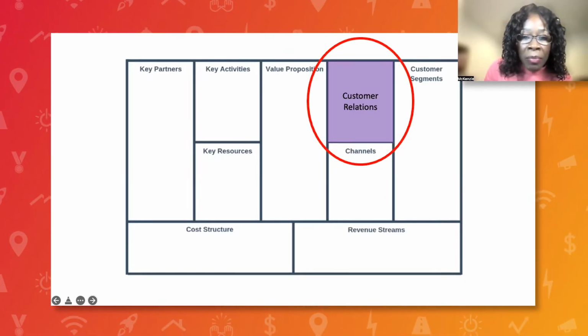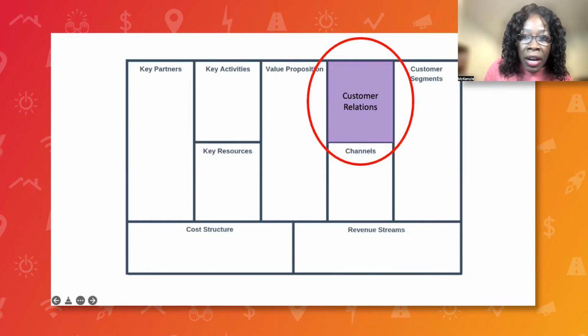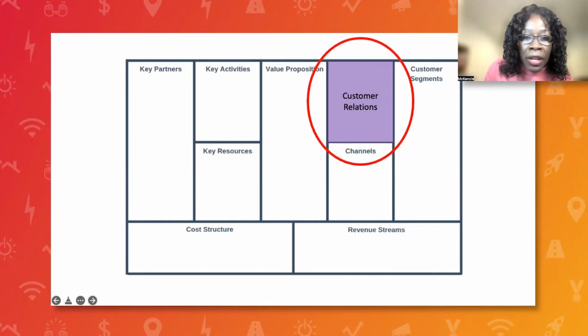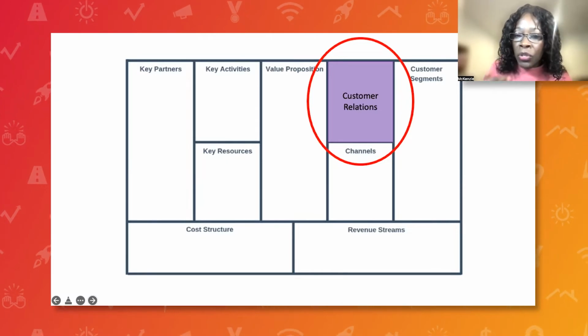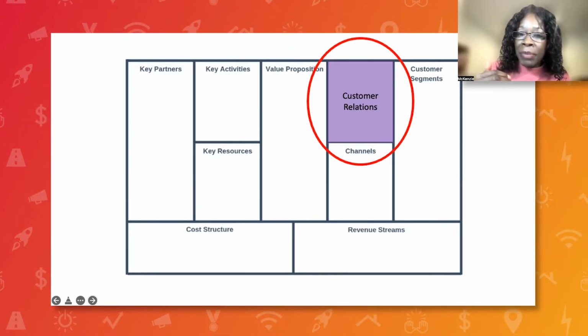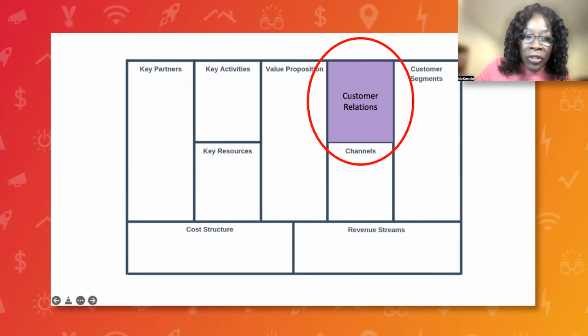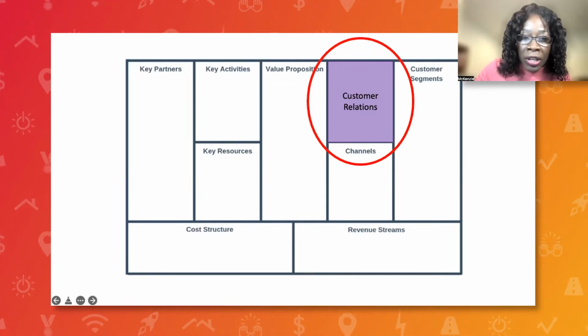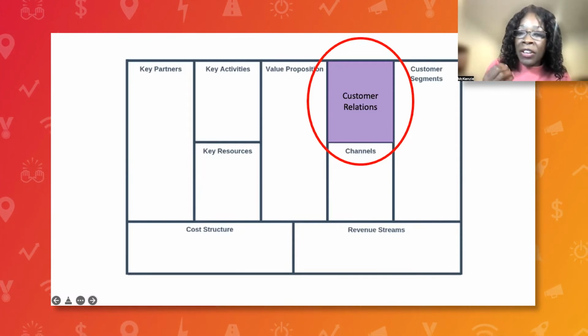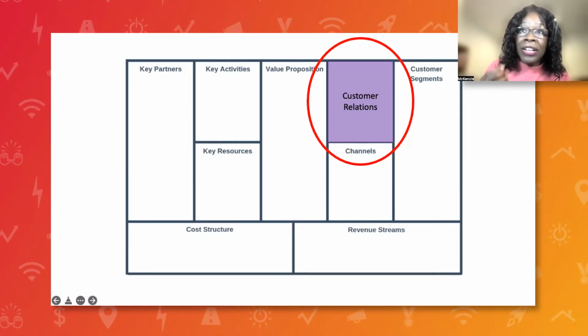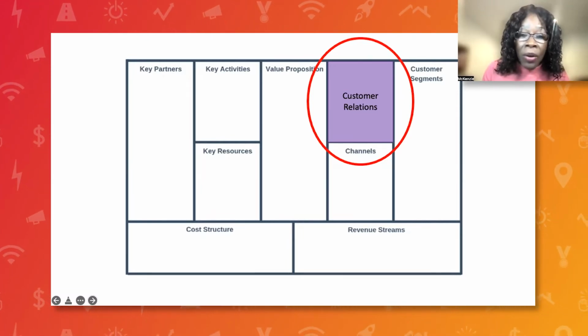But what's also important is customer relations. And with customer relationships, we talk about how to get, keep, and grow. And for a startup, this is really one of the most important things that you have to focus on, because a startup will die without customers.